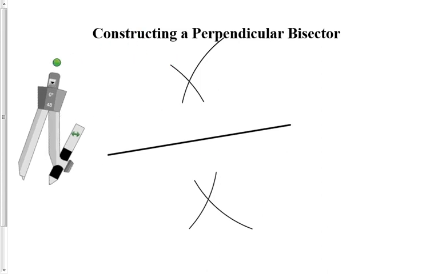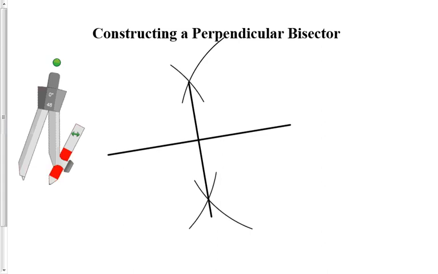Now, taking my straight edge, I can connect the intersecting arcs above and below, and that becomes the perpendicular bisector of the segment.